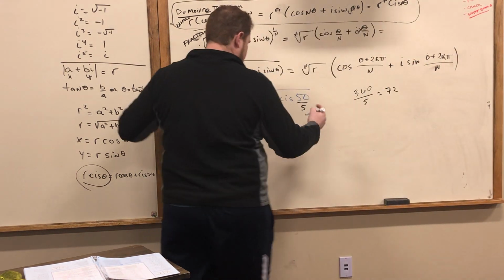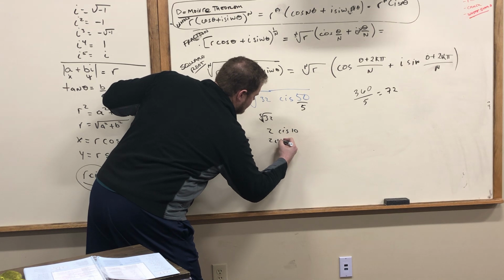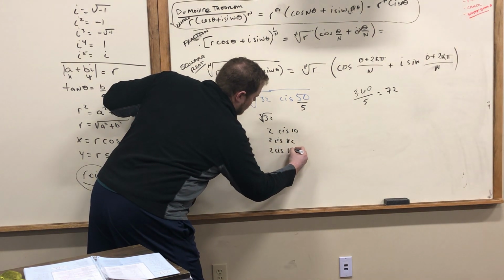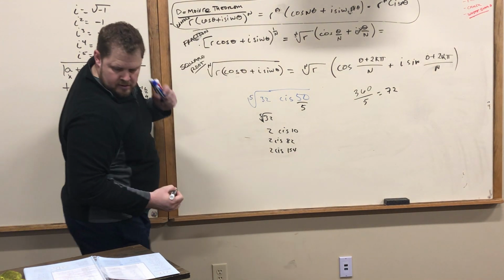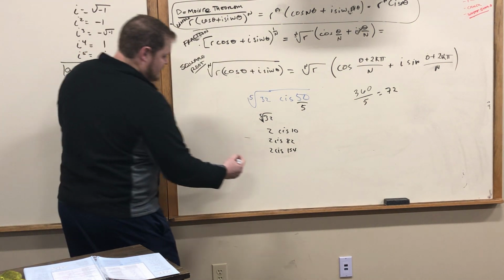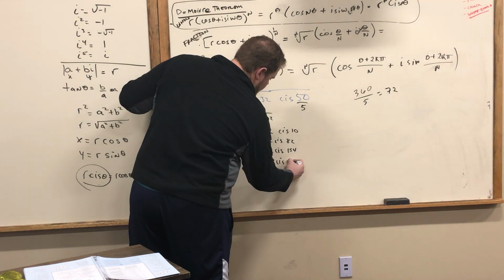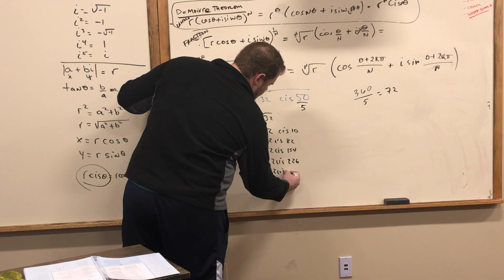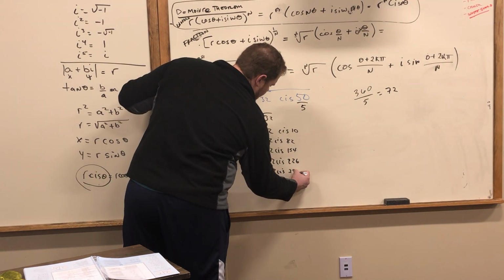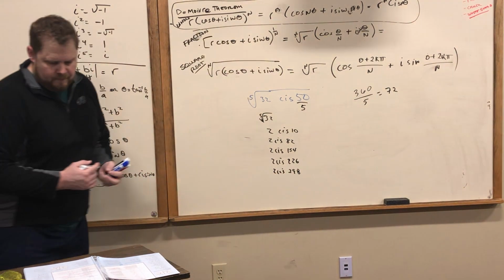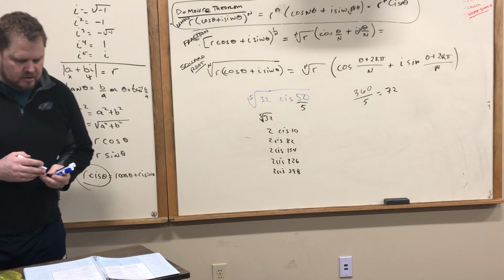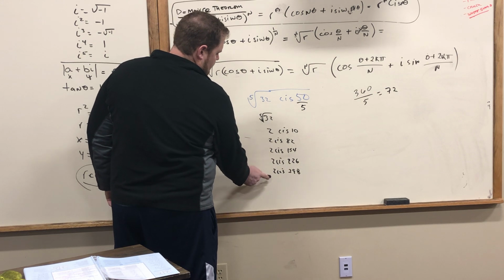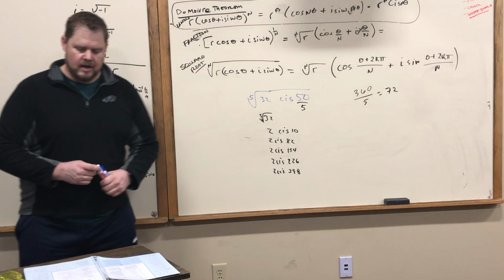So our next one is going to be 2 CIS 82, then add 72 again, 2 CIS 154, 2 CIS 226, and 2 CIS 298. Makes sense? And so you have 5 roots. Your 5 roots are 10, 82, 154, 226, 298.